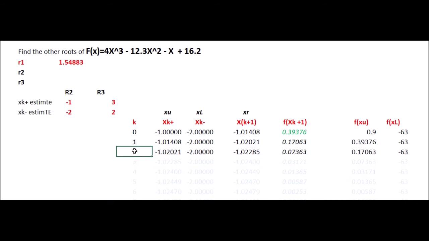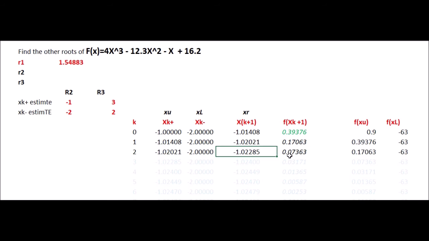So, iteration number 2, since this is positive, ano nga ulit yung rule? We are going to retain the XK negative. Retain po natin siya, and ating XK positive would be this one. And, ito na yung ating XU, XL, then solve for this.